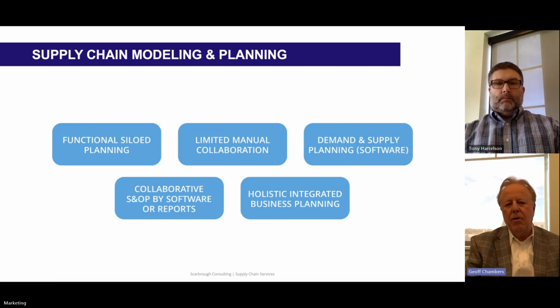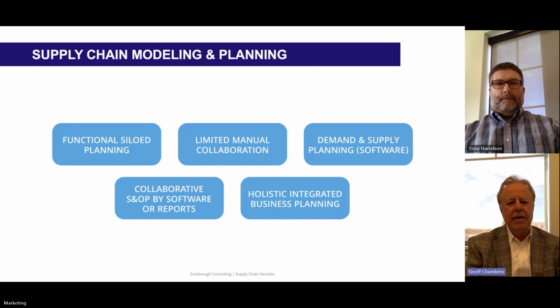So the first one we're going to talk about, and you can see that each one of these is named, we'll get into each one of these respectively, so you can really understand what each of them mean, the impact that they have on your business initiatives, and how they affect your supply chain.